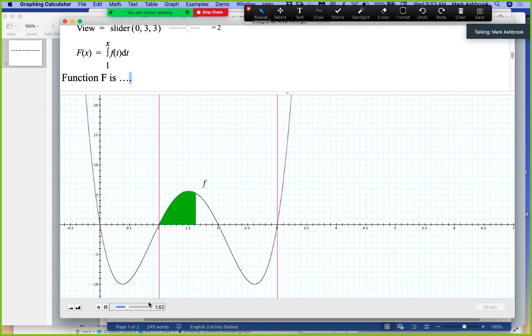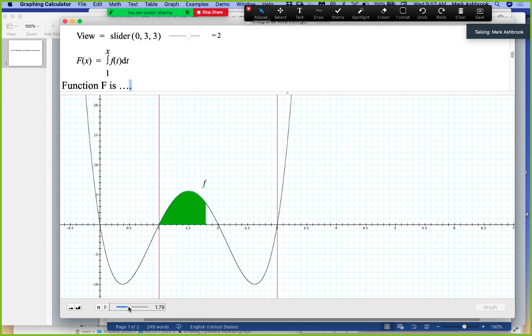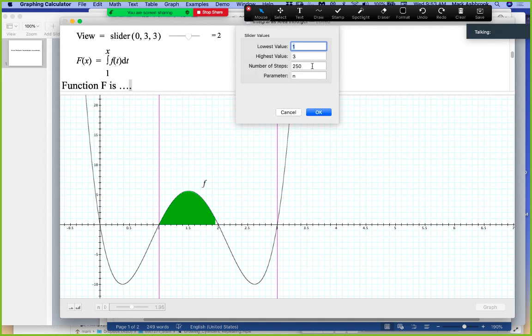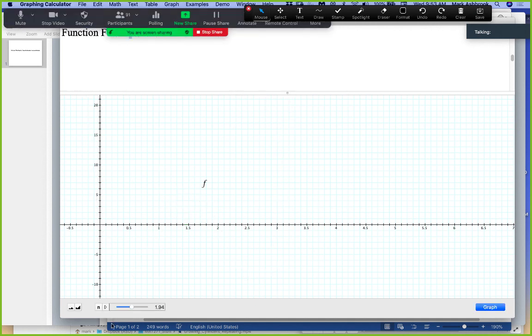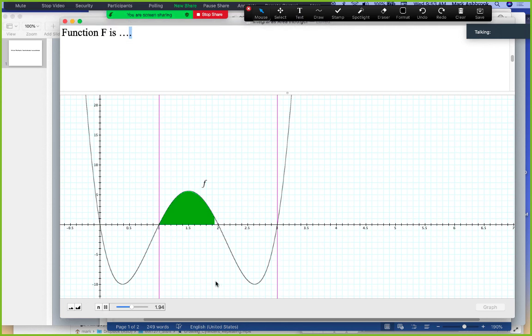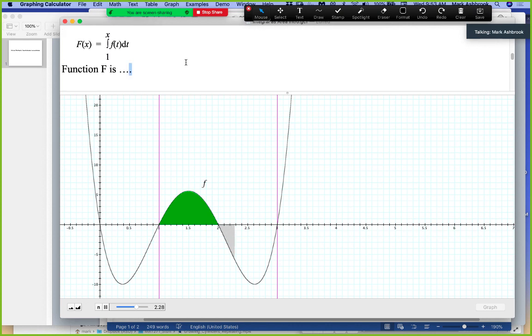And I'm showing you this animation of this region. That's a little better, okay? So what is the function F?